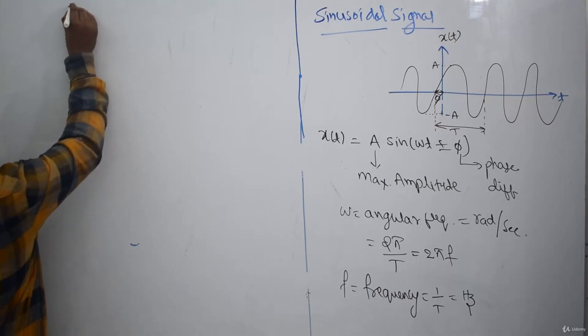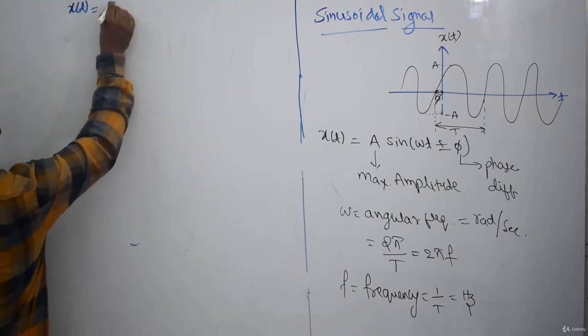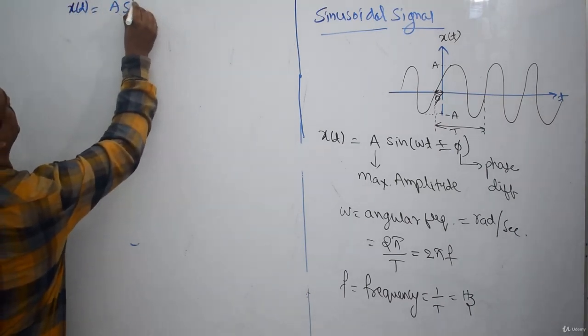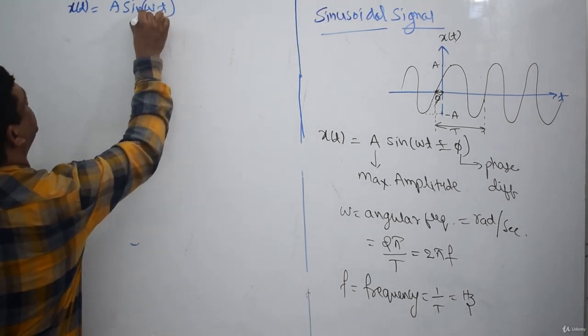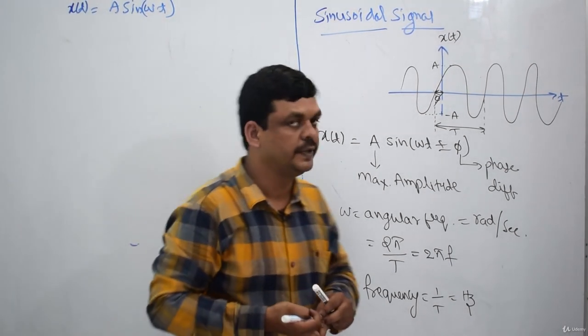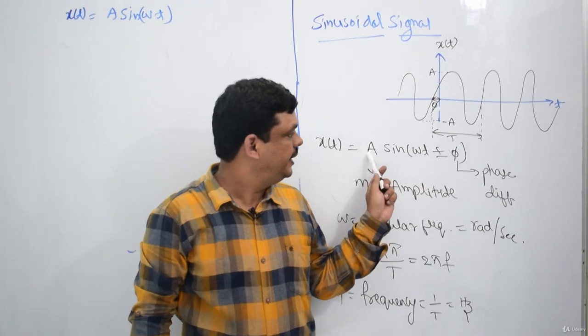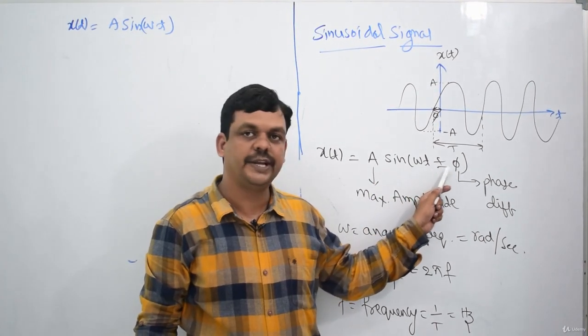Now the signal equation is like this: x of t equals a sine omega t. From the earlier definition, a sine omega t plus or minus phi.